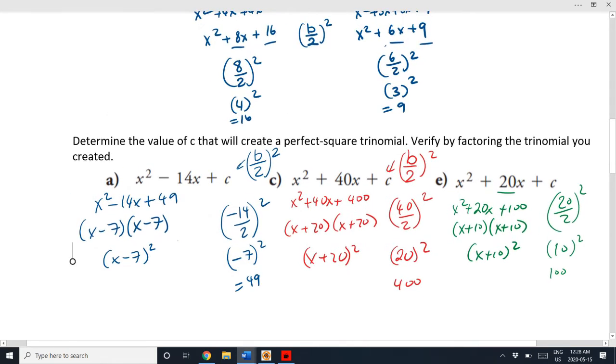So now we know how to make perfect square trinomials, and this is going to allow us to go from standard form to vertex form. Now, we've done standard form to vertex form before in our last unit, but it required us to first factor our standard form expression and then find the zeros and then plug it in to find the vertex and all that.